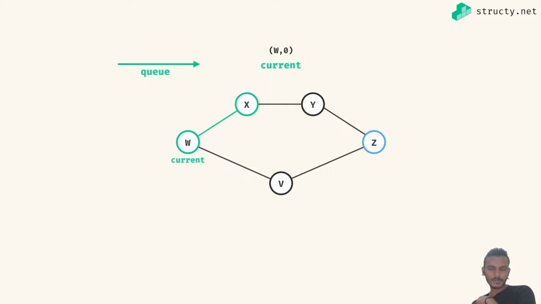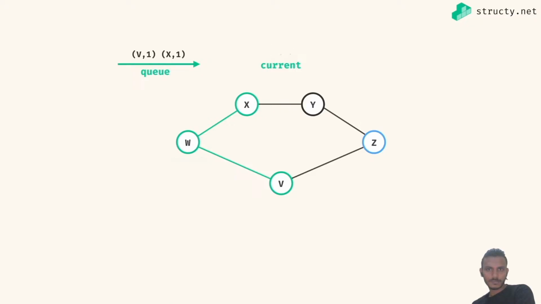But when I add it into my queue, I want to make sure I tag it with a distance. So if my current node has distance 0, I know that a neighbor of this node would have distance 1. So I just increment the current distance by 1. So onto my queue, I put an item that says x, comma 1. And I have a similar scenario for this v node. It's also a neighbor of w, and so I put v, comma 1 on my queue as well.